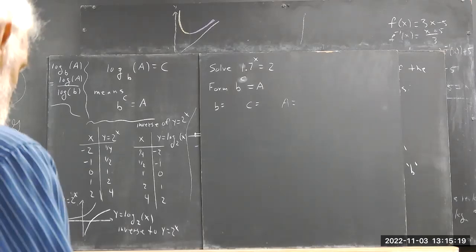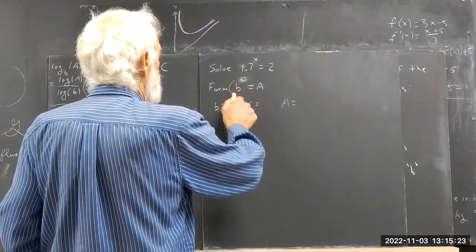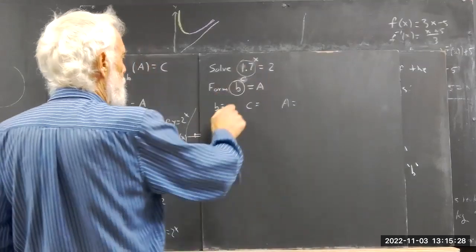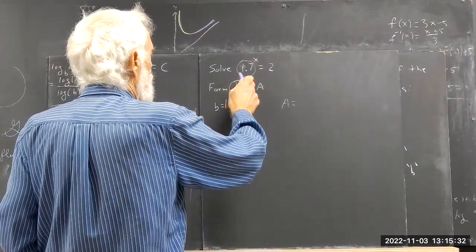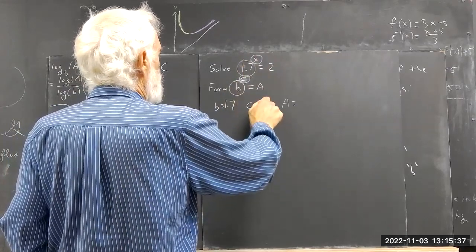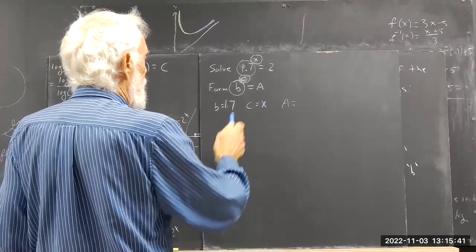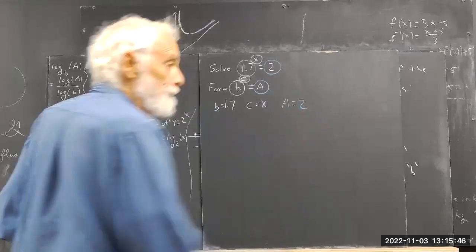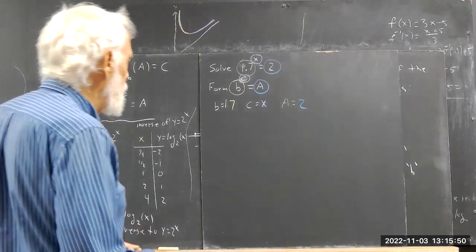Okay, I think everybody's got it, but let's be sure. B is what's being raised to a power. That's 1.7, so B is 1.7. C is your exponent, here's your exponent. C is x. A is what's on the other side of the equals sign. That's 2. I think everybody sees that.